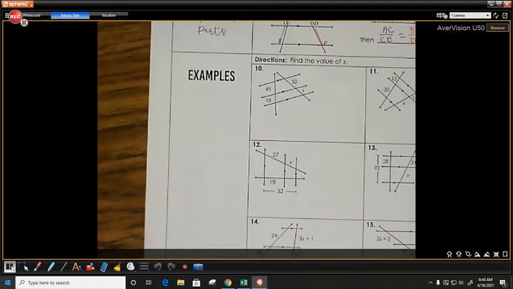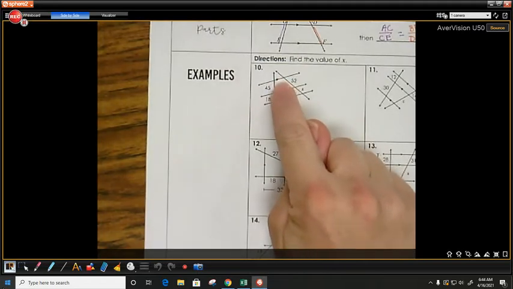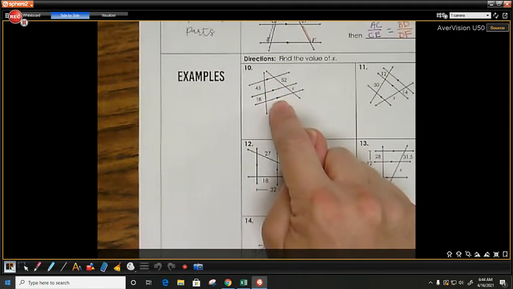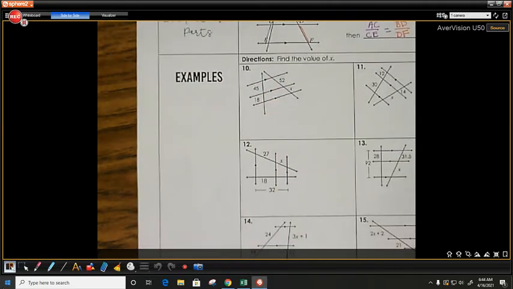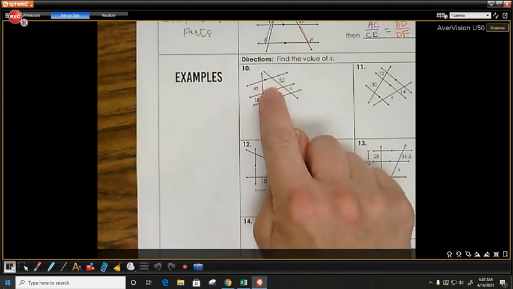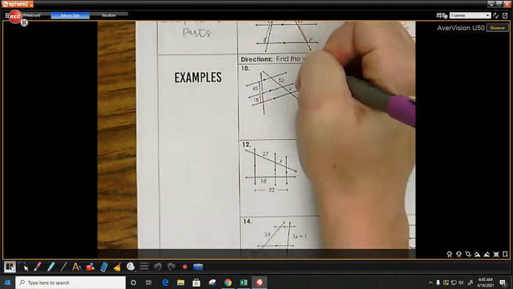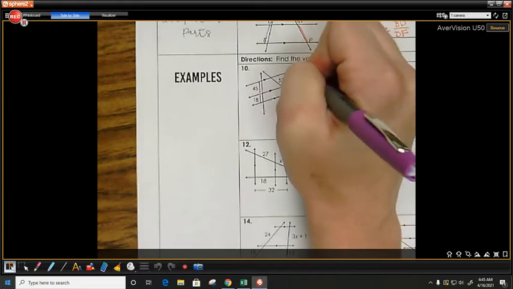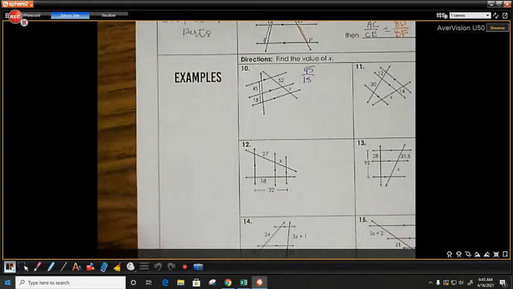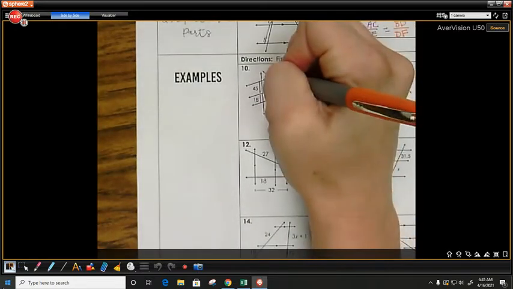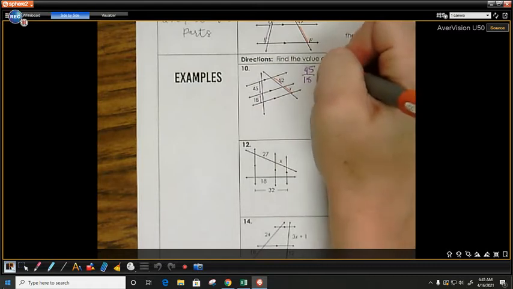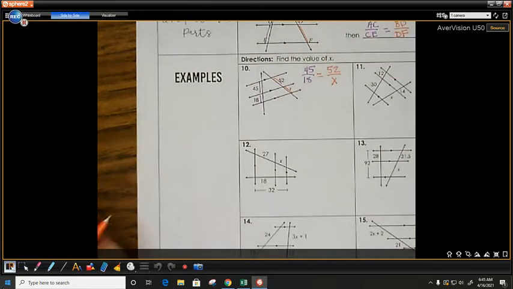So we're going to solve for x. Since these three lines are parallel, again, they have to be marked that they're parallel. We can't just assume that they're parallel. But these three lines are marked parallel. So I know 45 over 18 is going to be proportional to 52 over x. So another proportion that we are just cross multiplying.